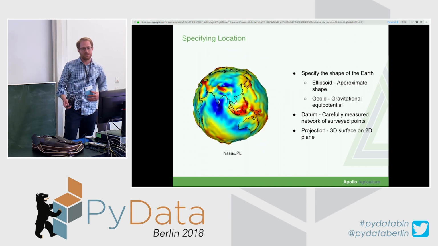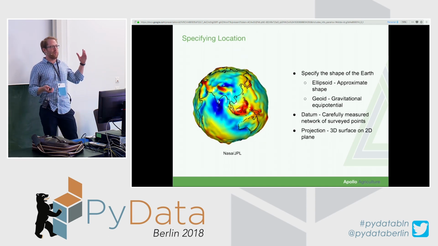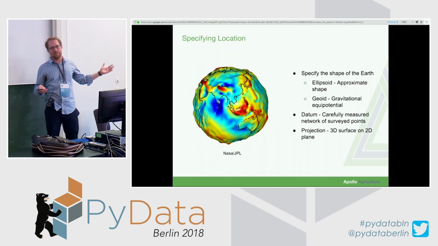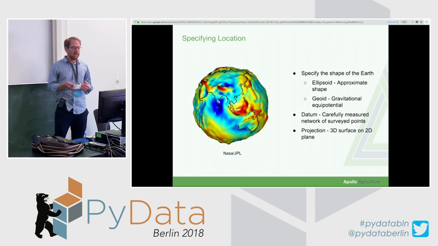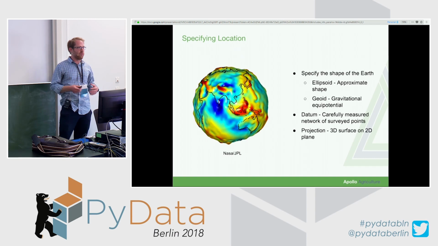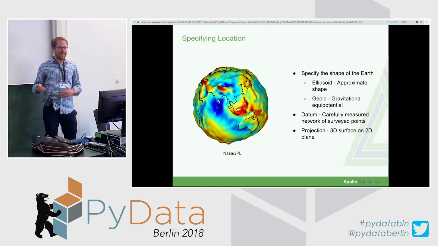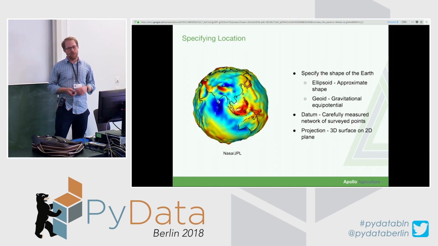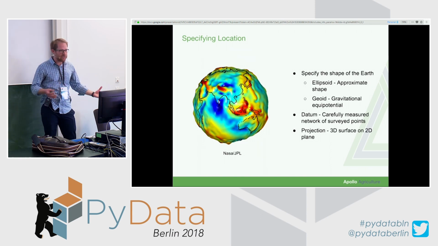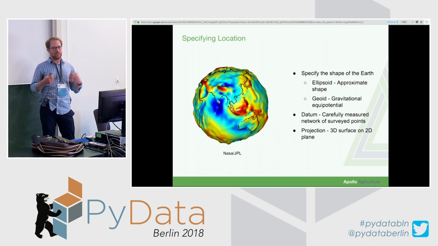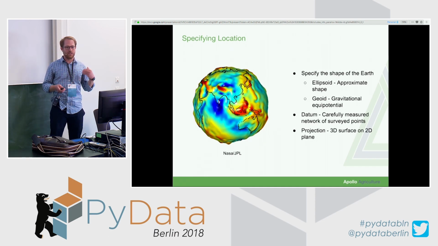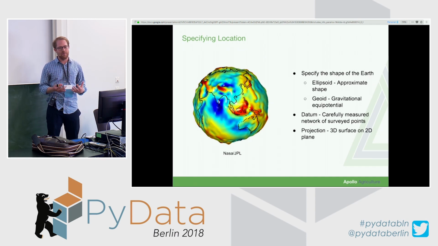The reason for this is that the Earth is, as people probably remember from school, not actually a sphere but an ellipsoid. That's also not true, right? It's a really complex body that's actually moving all the time. You have an earthquake and everything shifts. So there's a series of ways in which we specify the shape of the Earth. In order to specify lat/long, you need to come up with an approximation for the shape of the Earth.